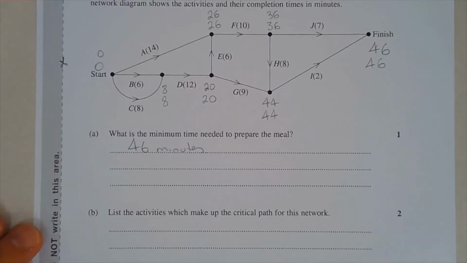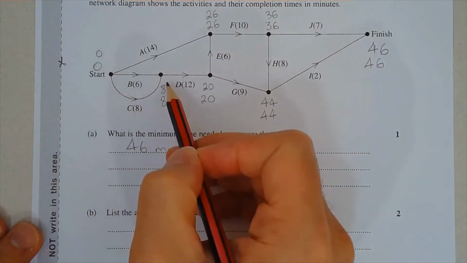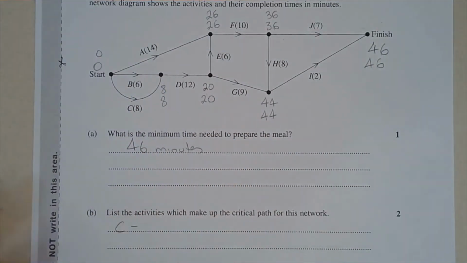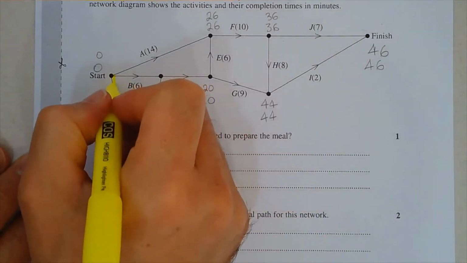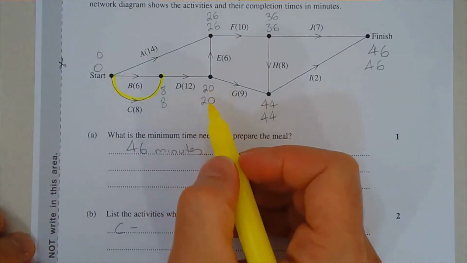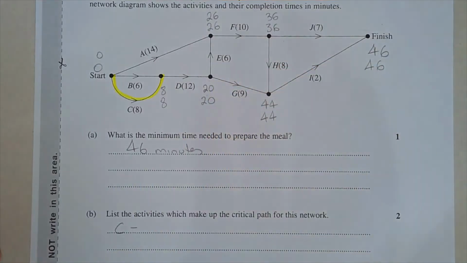So the activities which make up the critical path for this network, okay, we've got this one here, C. In fact, I could highlight this and it might make it just easier to see. So we've got that one there. Basically, you're looking for the earliest start time or the latest start time where they're identical. So the two numbers are, in fact, the same.